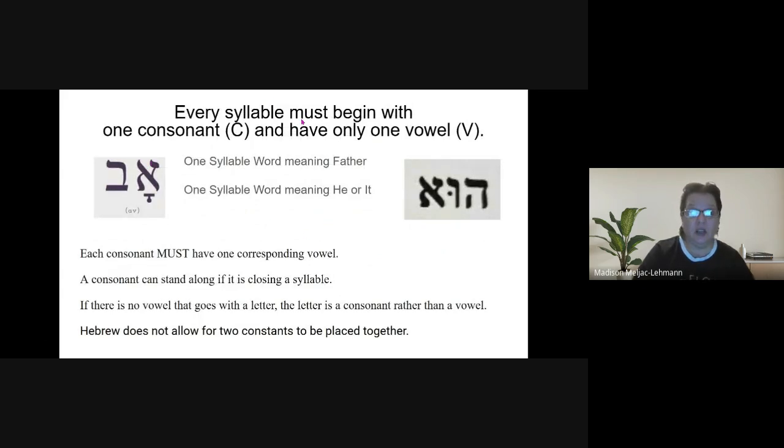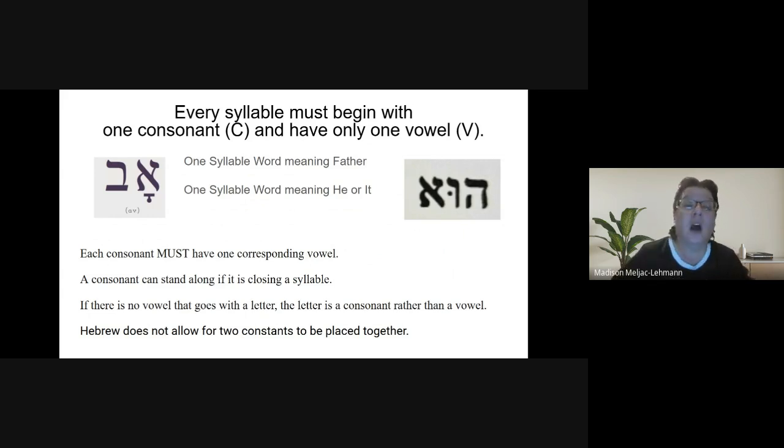Okay, so let's look. Again, breaking it down. And I hope you guys, if this is too fast or too slow, I apologize, just let me know. So every syllable must begin with one consonant and have only one vowel. So this word, av, means father. Also, just so you know, in Israel, Avi is now a standard Hebrew name for men.